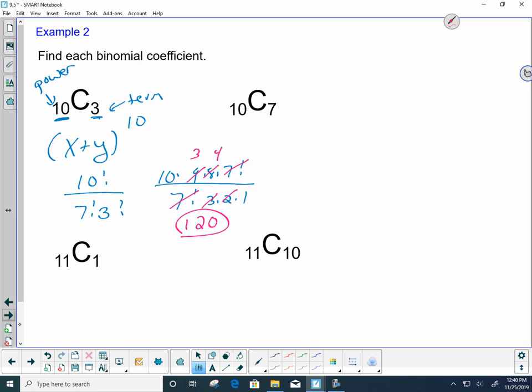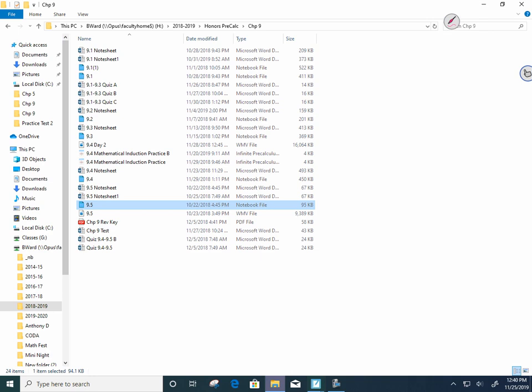What I mean by coefficient is the number that would appear in front of the x term. On the 3rd term, I'd start with x to the 10th, x to the 9th, sorry, x to the 8th. So that would be my 3rd term.